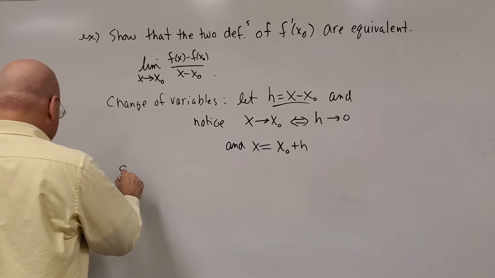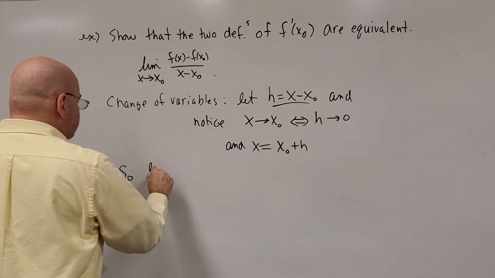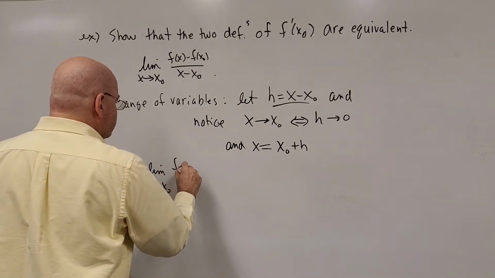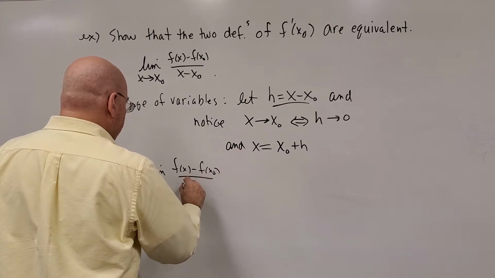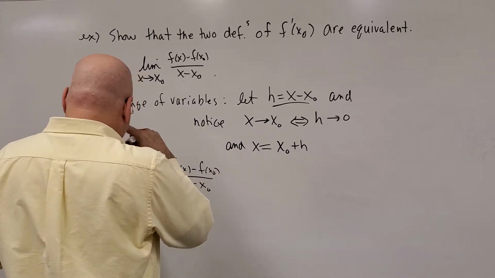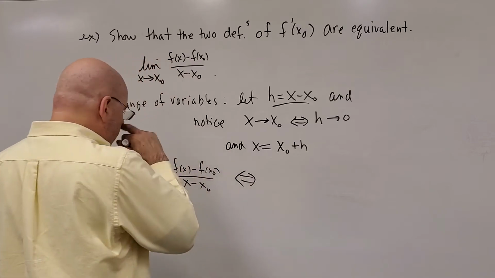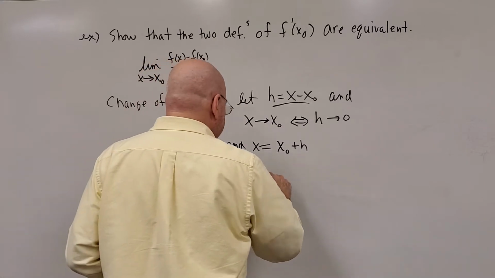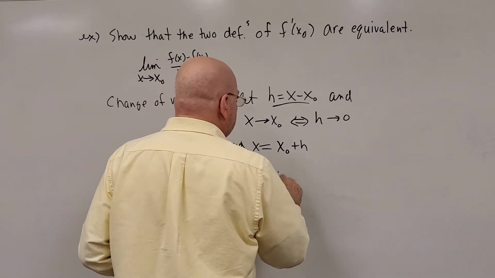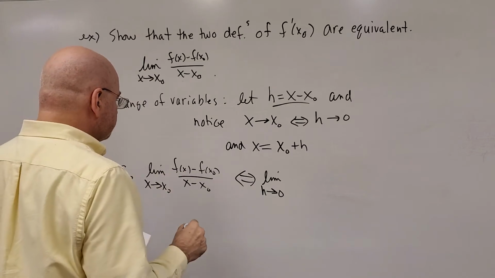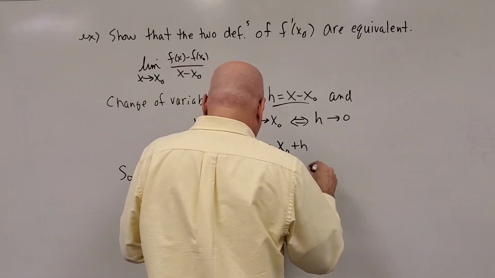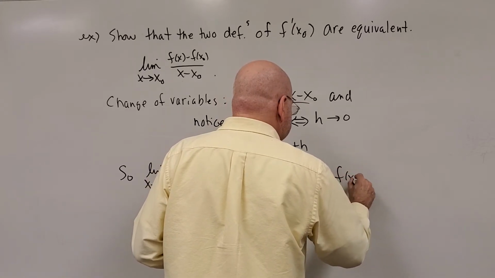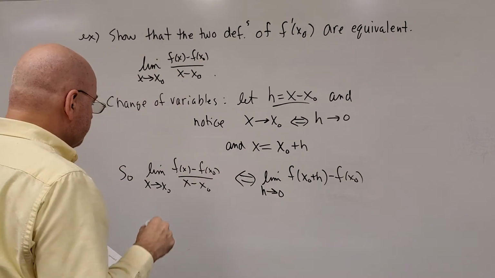So if we start off with this, the limit as x goes to x naught of f of x minus f of x naught over x minus x naught, that's equivalent to saying, instead of x going to x naught, I'm going to say the limit as h goes to 0 of f of x naught plus h minus f of x naught, all over h.